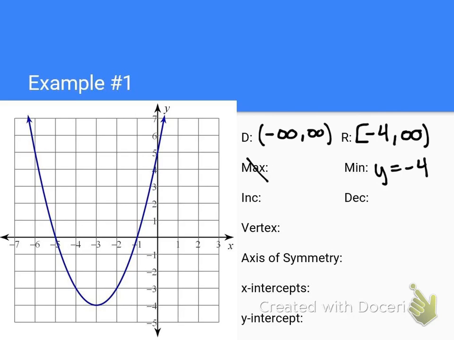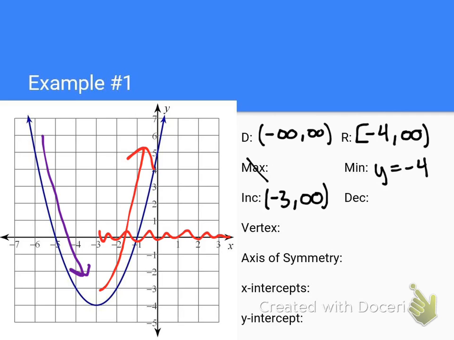Okay, I'm increasing. If I look at the graph, I'm going uphill on this part of the graph, right? So I'm going uphill for these x values. Writing that as an interval, it looks like the interval from negative 3 to infinity. And then same thing with decreasing on the other side of the graph. I'm going downhill as I move to the right.